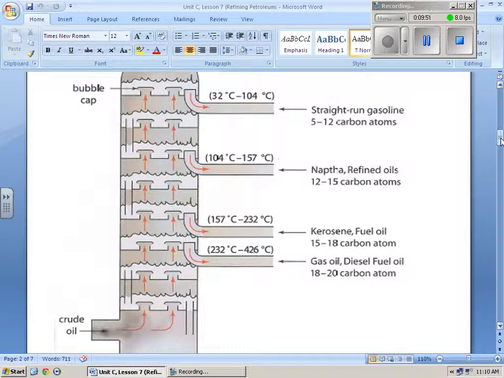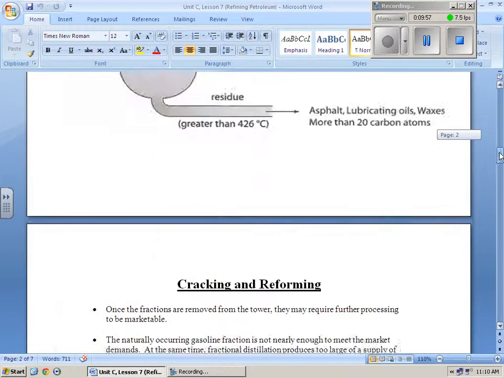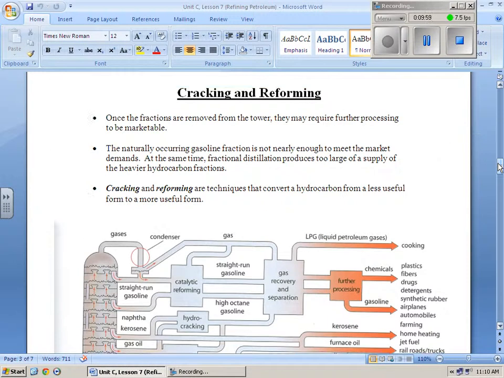So the next part is more refinement, basically. And how they do that is through, well, a couple ways. Cracking and reforming are two terms that you probably need to know. They are techniques that can convert a hydrocarbon from a less useful one to a more useful one, basically.